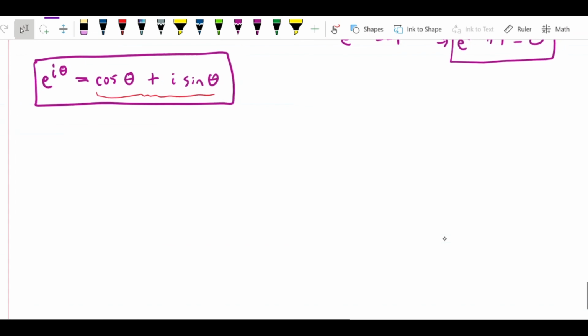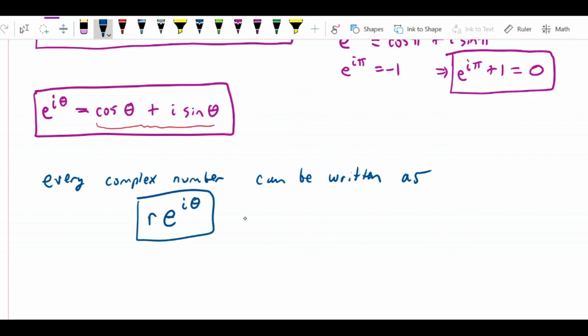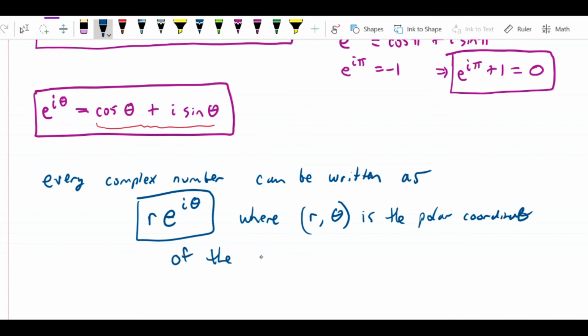So, what's the conclusion? Every complex number can be written as re to the i theta, where r comma theta is the polar coordinate of the number in the complex plane.